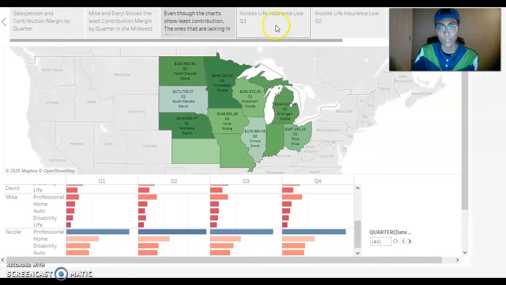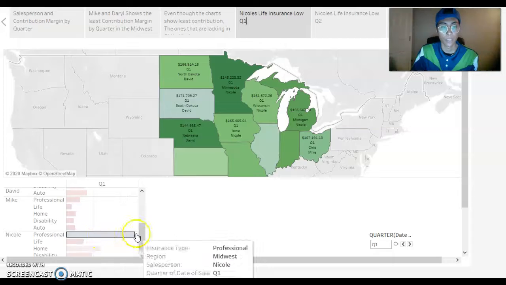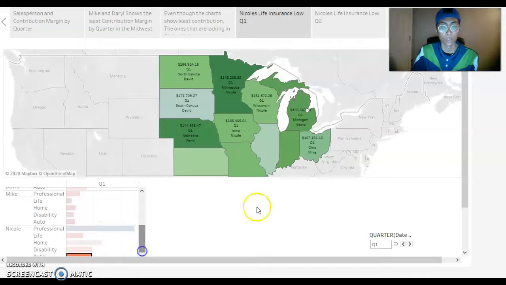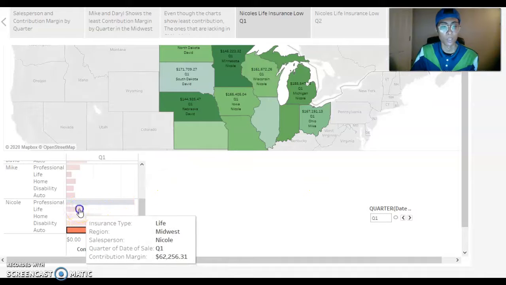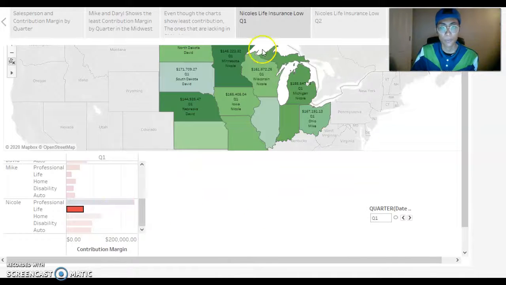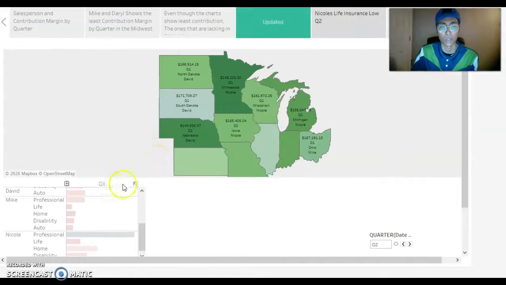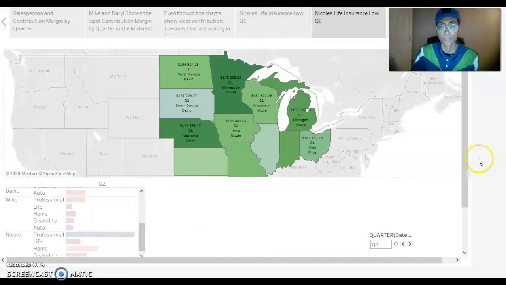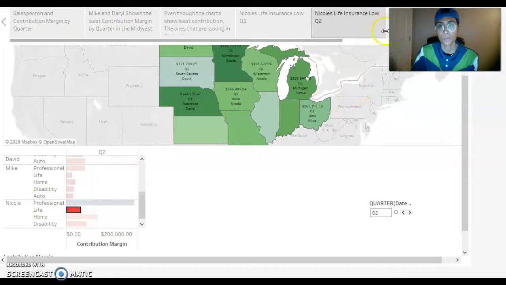So I took a look at Nicole's numbers, and in her Q1, looking at the chart, her lowest insurance was her life insurance. Just like every other chart that we saw, most of the time the life insurance is the lowest on average. Same with this one. Nicole's lowest is life insurance as well.